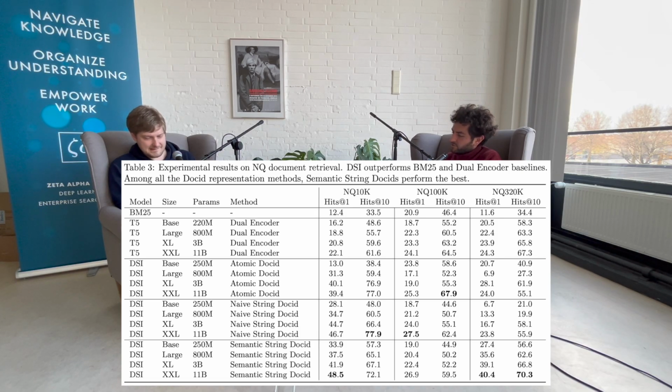Something else that is also surprising to me a bit is if you look at the performances of the atomic doc ID for all of their sizes, they seem to be a little bit all over the place, as in sometimes making the model larger will hurt performance. Right, if you look at, for instance, hits at 1 for the NQ100K for the atomic ID, the performance for the base model is 23%, and then it drops to 17 and 19 for slightly larger models.